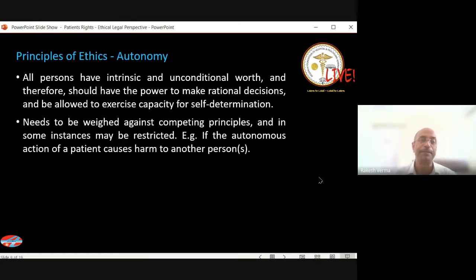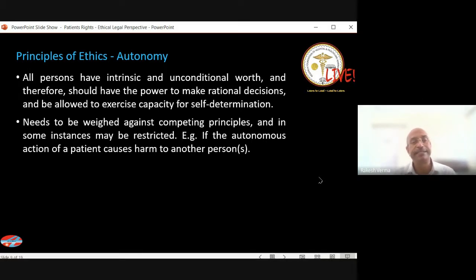Now, sometimes there may be competing principles where this kind of autonomy is restricted. For example, whenever an autonomous action can cause harm to another person, then obviously a person cannot say, I am acting autonomously, and this would result in harm to someone else. Freedom of movement is there, but in the name of that freedom, you can't possibly kill somebody using your vehicle.